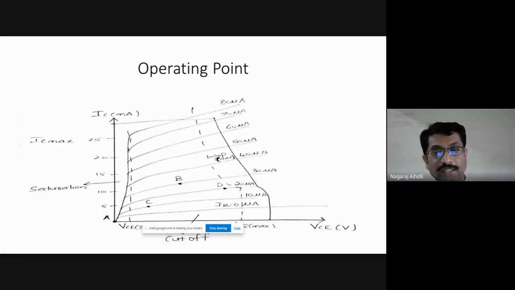But if you operate the transistor in saturation region or in cutoff region, the lifetime of the transistor will decrease, and there will be damage to the transistor. That is why it is better always to operate the transistor in the active region, instead of operating the transistor in saturation and cutoff region.